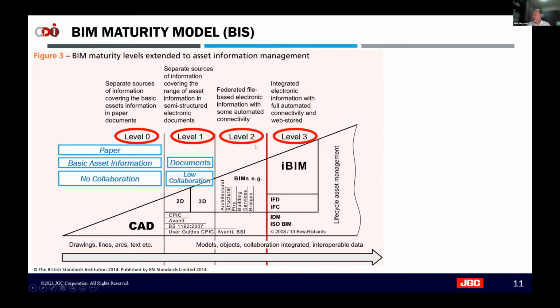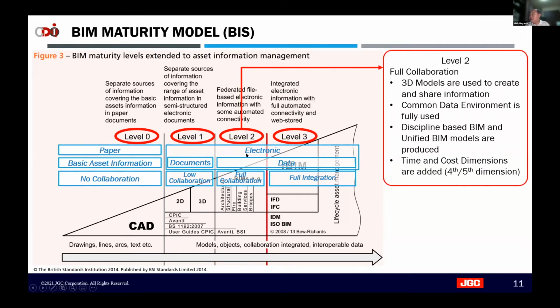Now levels 2 and 3, right? So this is the real BIM, if you will. Okay, so level 2 has full collaboration, and level 3 is full integration. So these are the electronic forms, the world of data instead of documents.